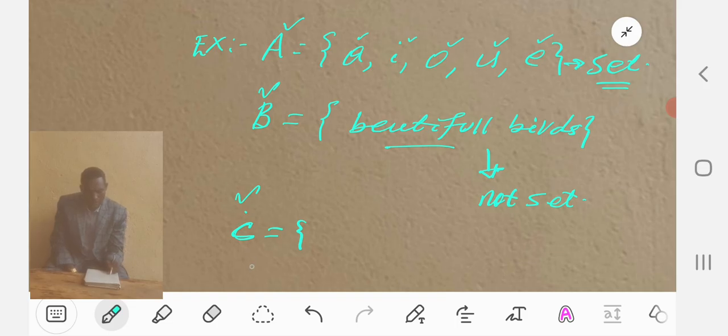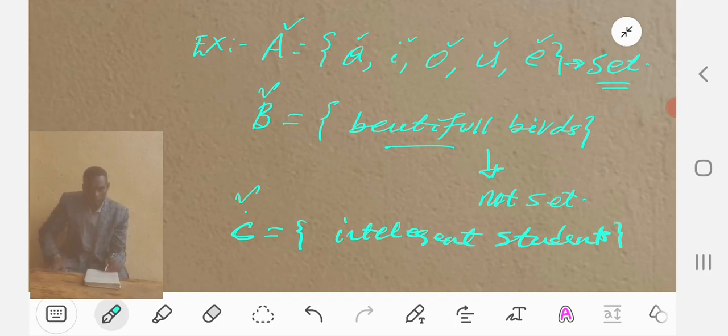Now, let's consider collection C. Collection C is, let me say, a collection of intelligent students. Students, is this collection a set or not? Is it well defined or not? If you say it is not well defined, you are right.